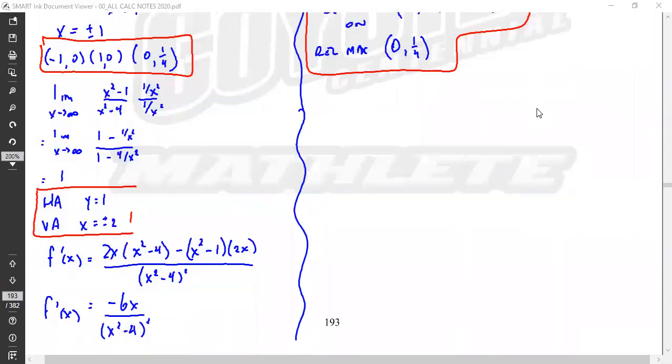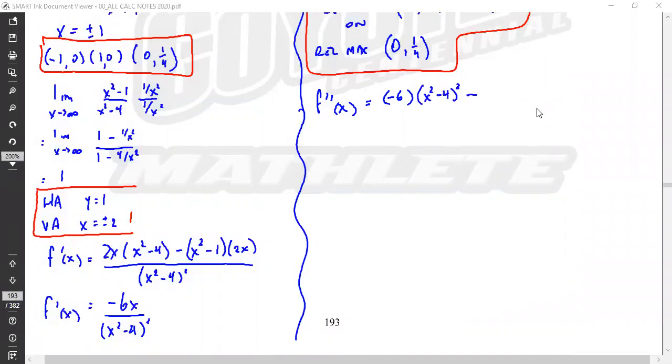Second derivative, f double prime of x. Our first derivative was negative 6x over x squared minus 4, all squared. So this will equal negative 6, there's your numerator derivative, over the denominator, which stays the same, x squared minus 4, all squared.